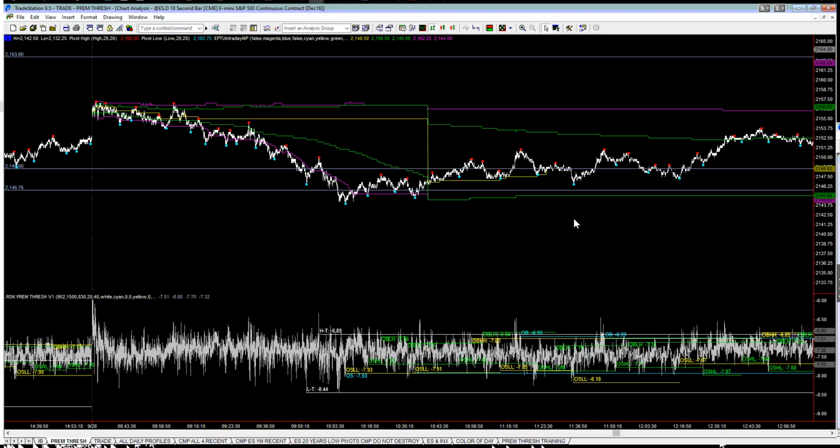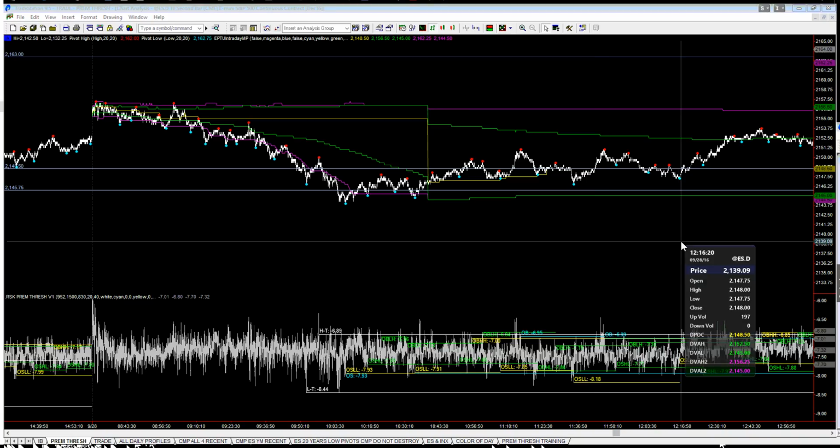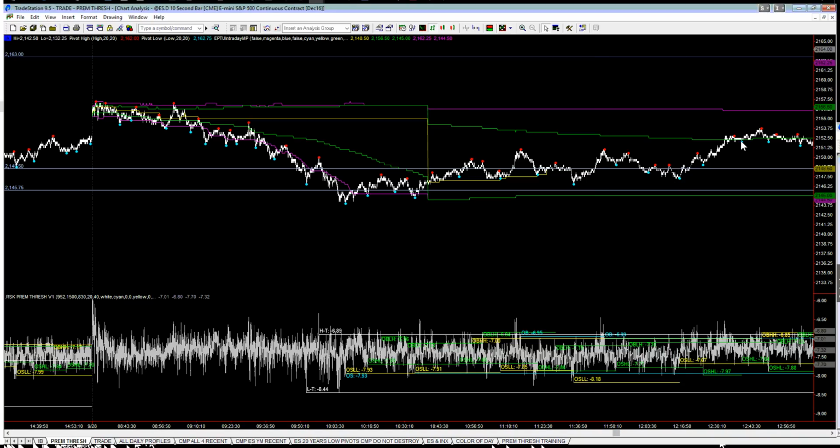That might imply that this market could be coming back at us. So you really have to be careful about that. And rather than trading that, I would recommend shorting the overbought situation. But as you do, you get the oversold condition right down here, and up the market goes.